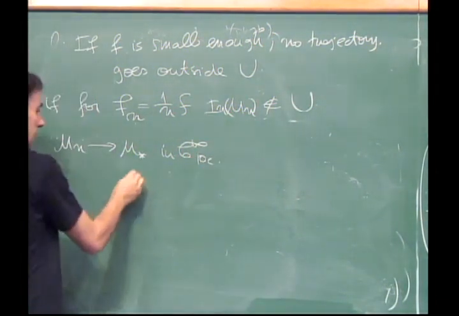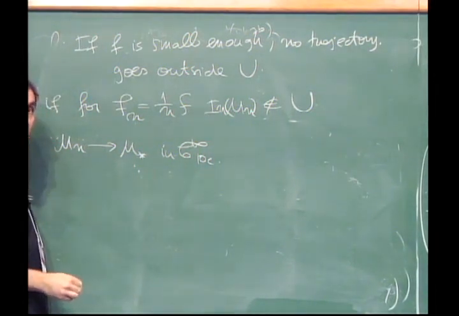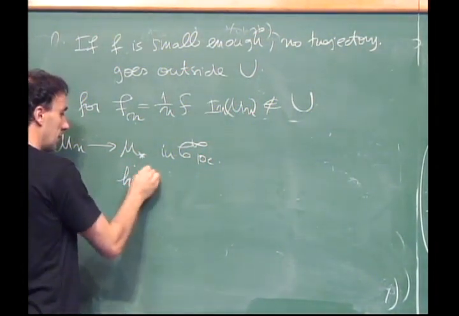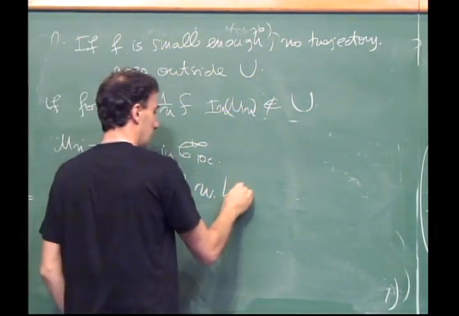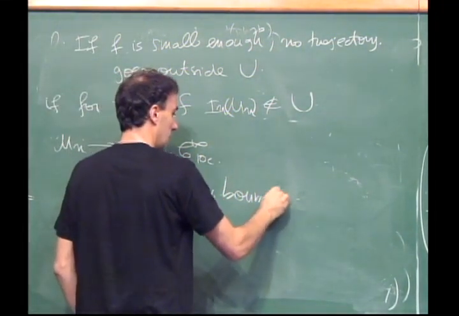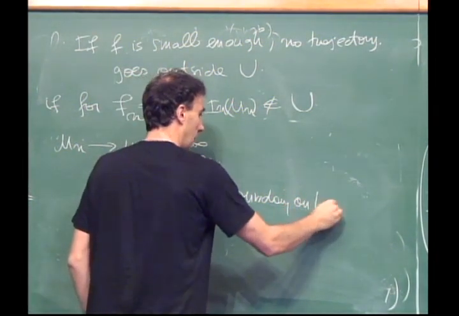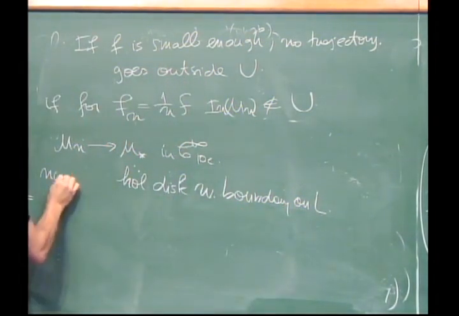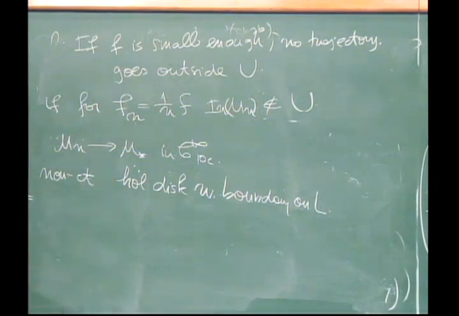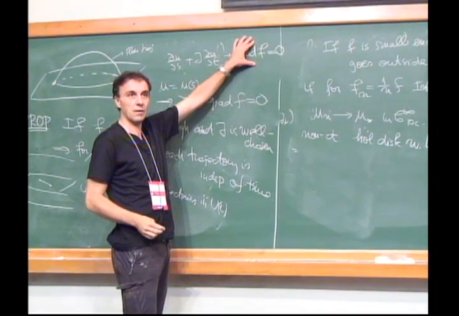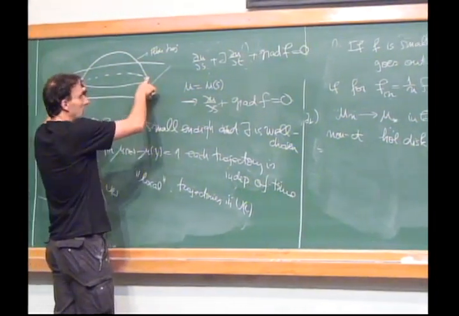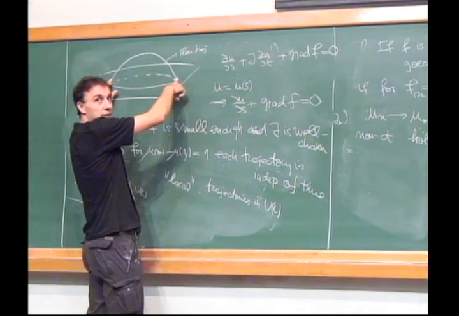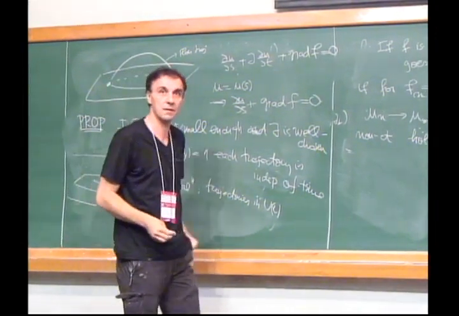But this u star is actually a holomorphic disk with boundary on L and non-constant. Holomorphic because this term turns to 0, okay? And we have this kind of picture, and we use the removal of singularity theorem to find the holomorphic disk.